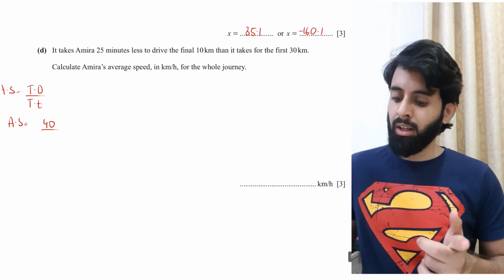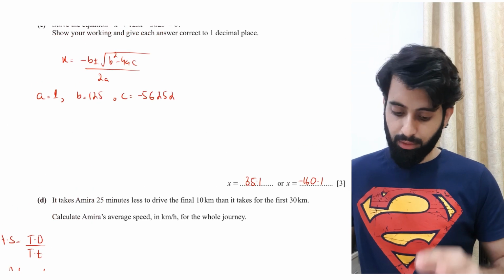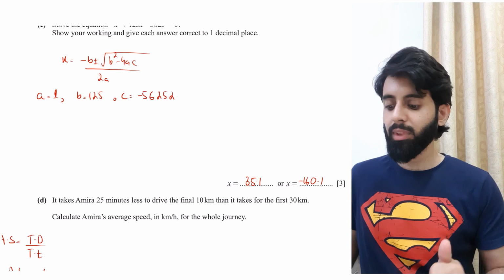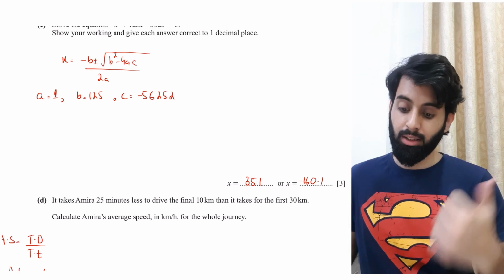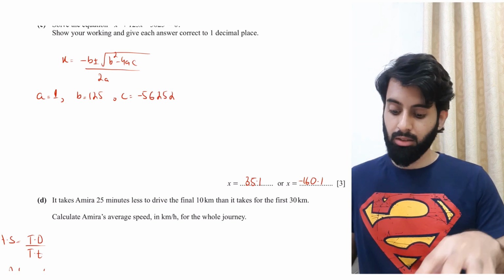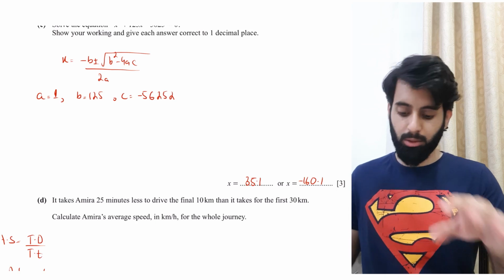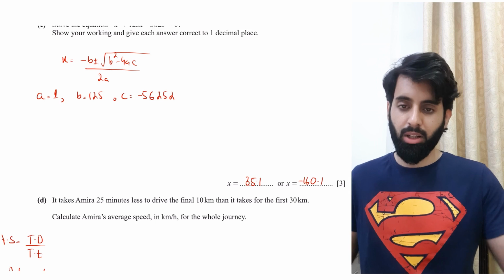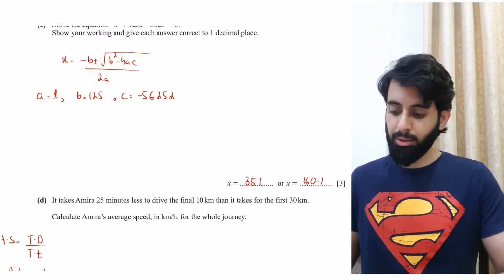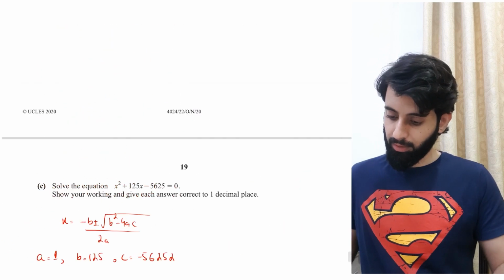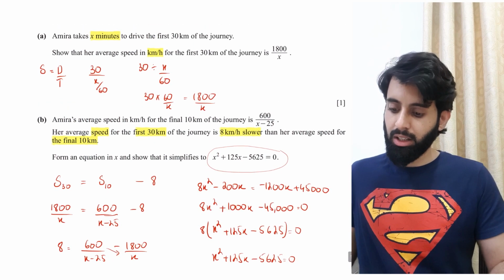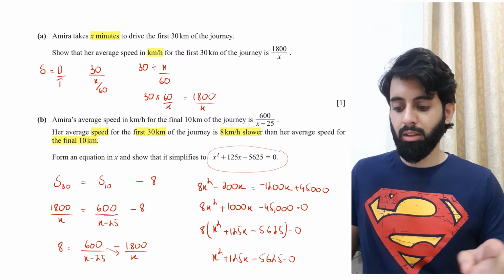Okay, so 40 divided by total time. So with time, you got to be careful. Now, since you worked out the value of x, which is 35.1, you got to be careful that there are two values, 35.1 and minus 160.1. So one thing that you need to be careful of is that you're going to use the positive value. Okay, so if you go back, according to the question, it takes her x minutes to drive the first 30 kilometers.